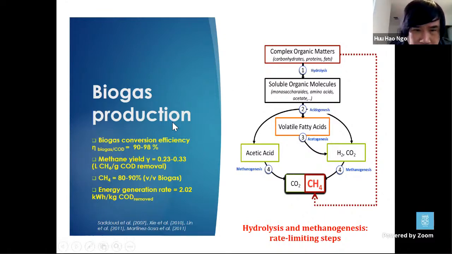So when we come to biogas production, you can see it's so good. Biogas conversion efficiency is up to 98%, methane yield is up to 0.33 liter methane per gram COD removed, and methane volume per volume of biogas is normally 90%. So methane is the main component, and the energy generation rate is about 2.02 kilowatt hour per kilogram BOD removed.